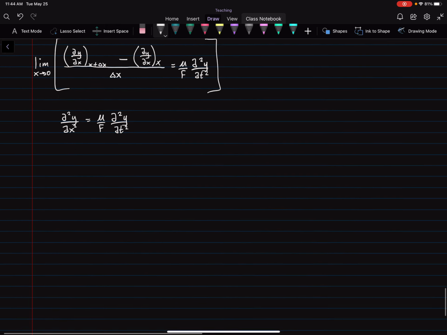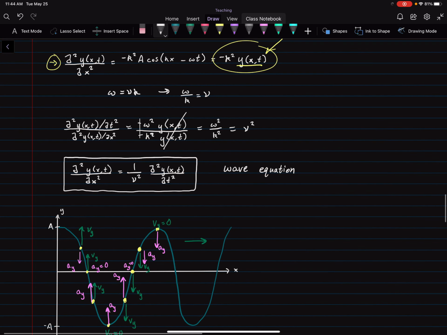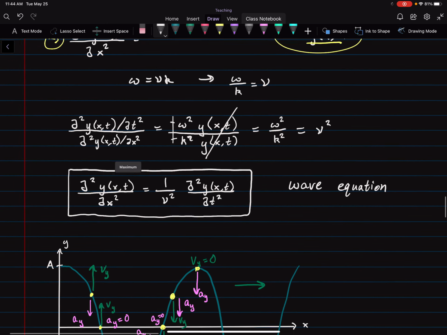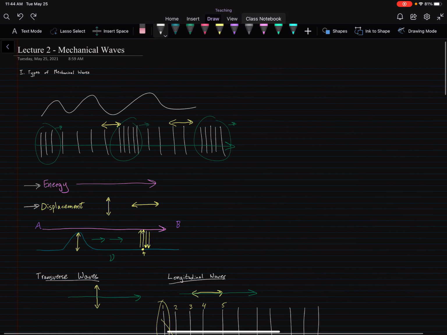Holy cow, what does that look like to you guys? Does that look like something familiar? We have a second partial derivative with respect to x of y, the wave function. And we have on the right side a second partial derivative with respect to t of the wave function. And we have some other constant in here doing its thing. Wow.